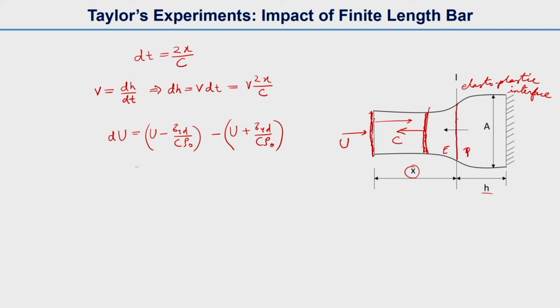So this will give us du equal to capital U equal to twice sigma yd c by rho naught.